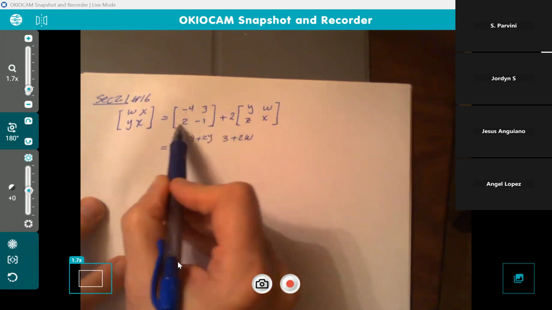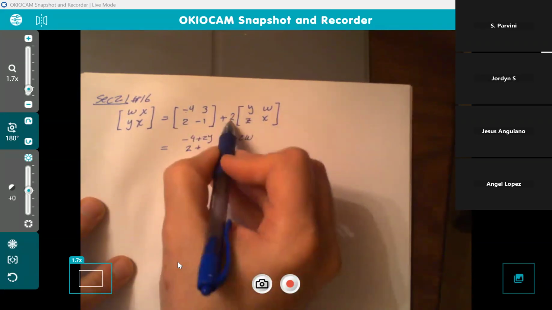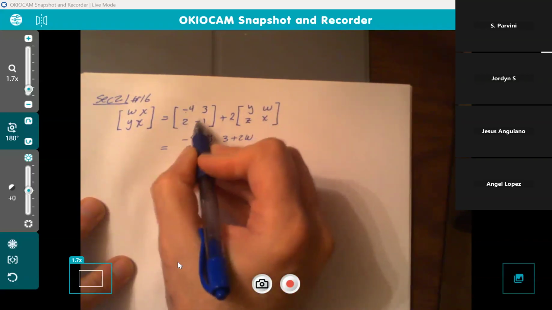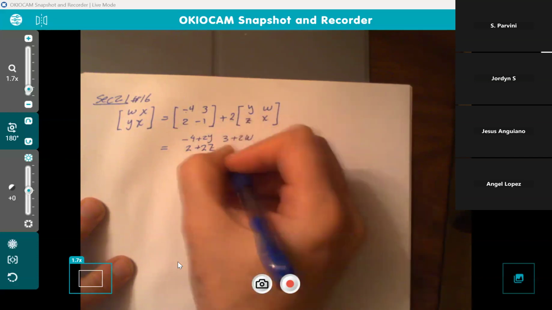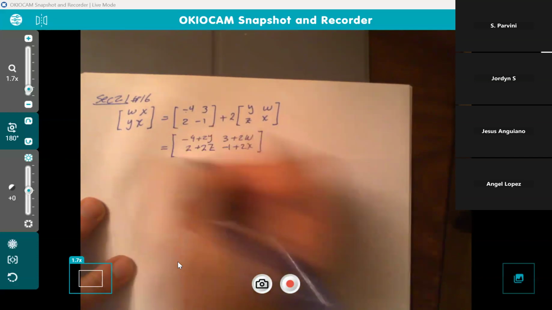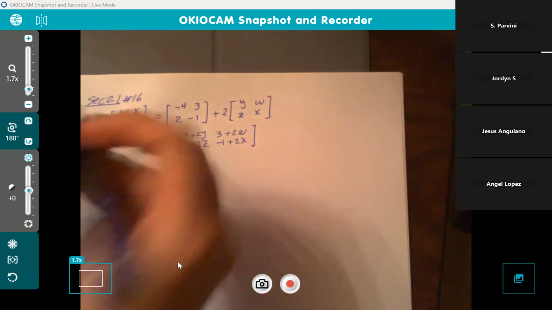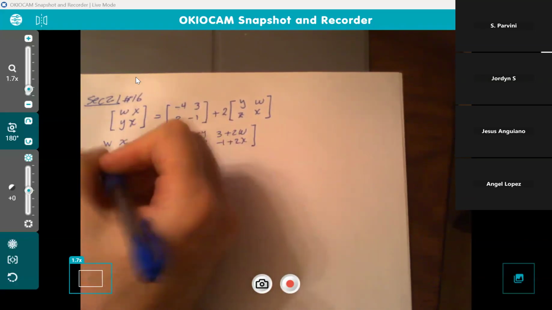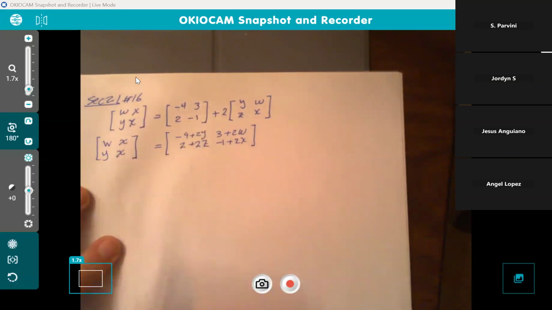And then second row, first column is 2 plus 2z. And finally, second row, second column, that's -1 plus 2x. So those are the elements of the sum matrix. On the left side, I haven't done anything, so we have W, X, Y, X, right?